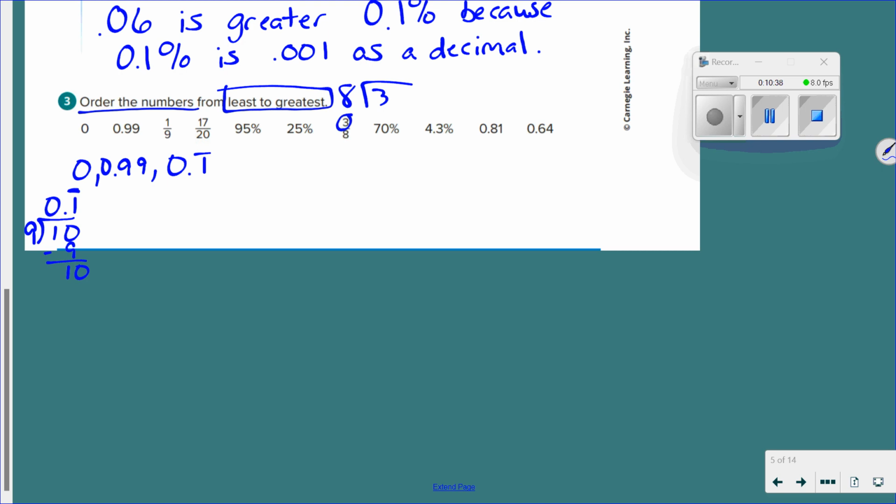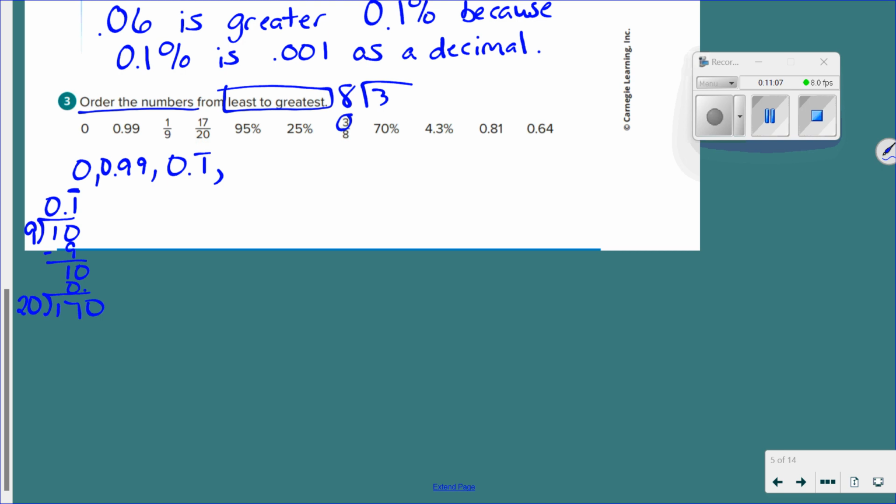Make sense? All right. How would I make 17/20ths a decimal? If one fraction works that way, do we think the other fractions will work that way? Yes. 20 into 17. Can it go? No. So I add a 0 and a decimal. 20 into 170.